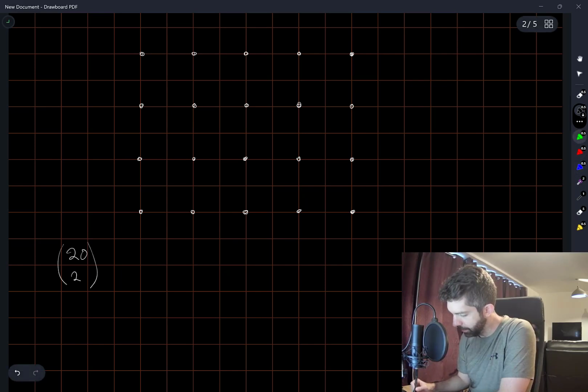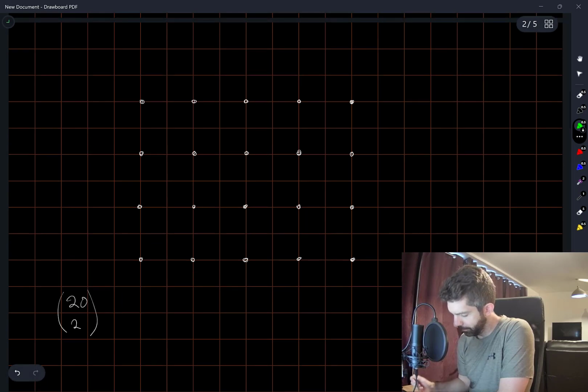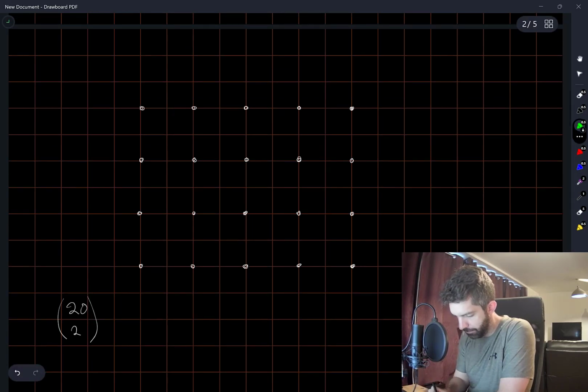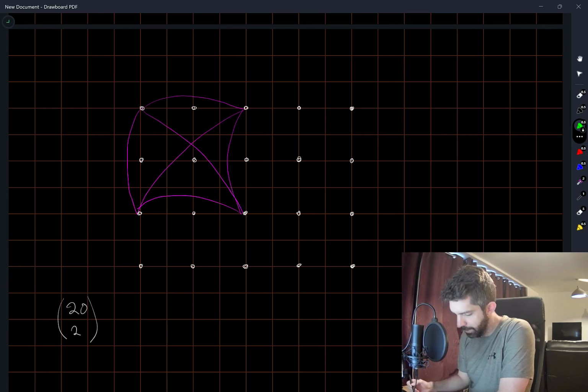And how many of them will actually work for this counting procedure? See, now I have this square that I drew before, and any translation of that thing will work.